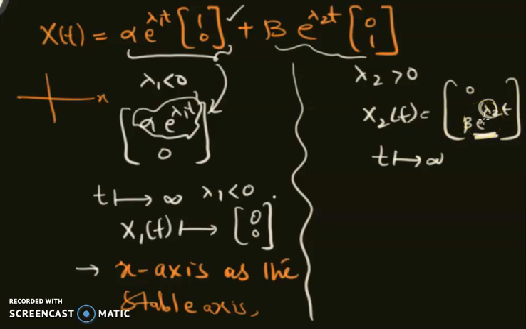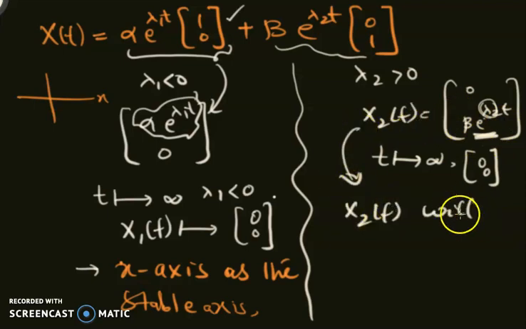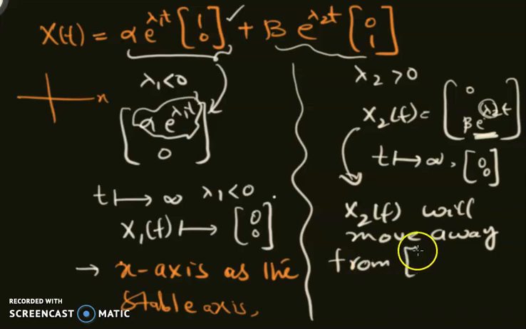If it's negative, then it will move to negative infinity. So this will be moving away from 0, 0. This x2 of t will move away from the origin.